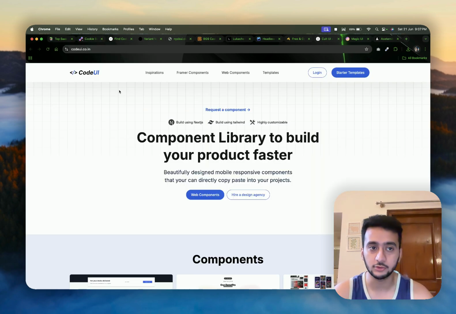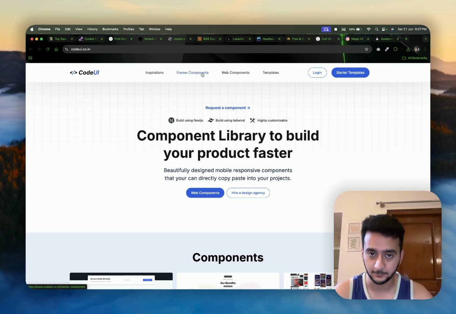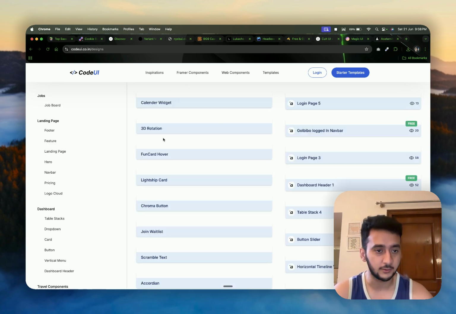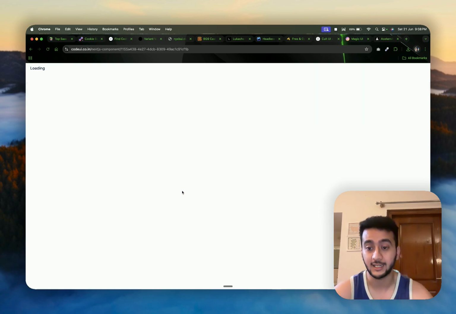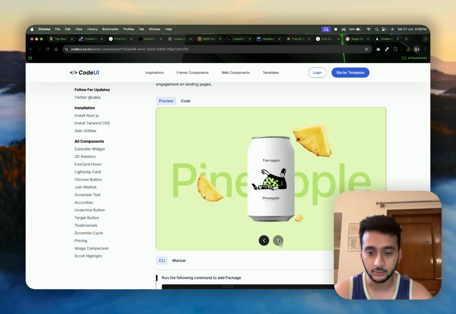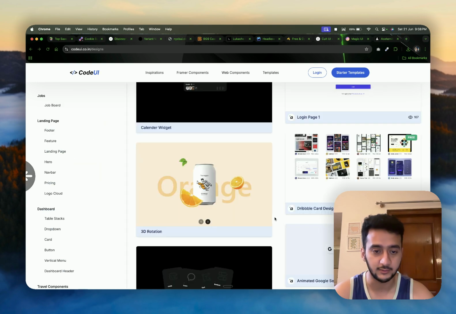Secondly, from this list was Code UI. These are components which are a bit simpler. They also have framework components. I haven't used it much, but something I have been playing around with is 3D Orient. This is the exact component through which I found them. They have this spinning animation, and I was just playing around and discovered this library.